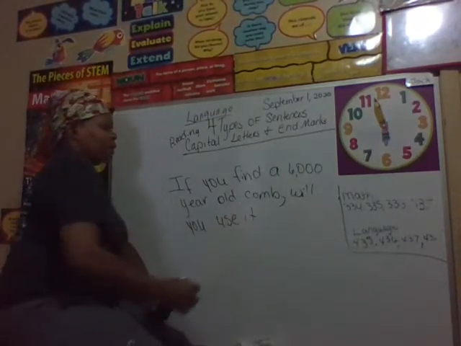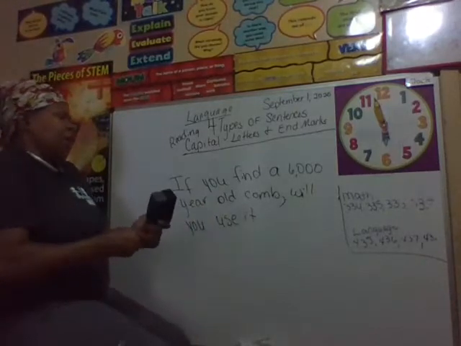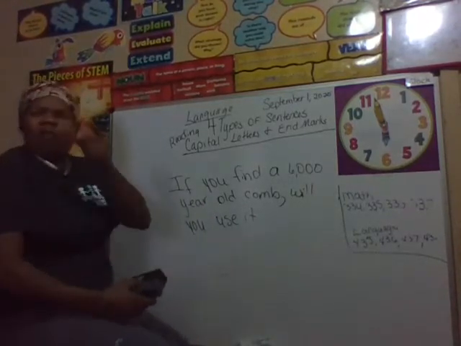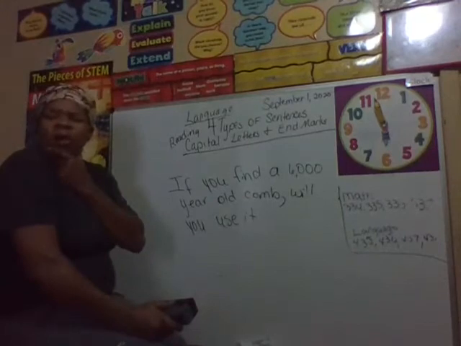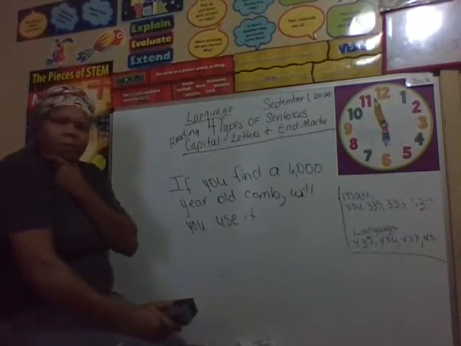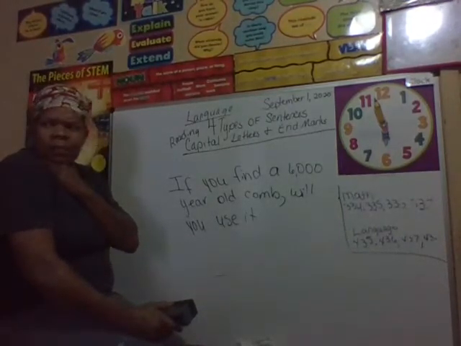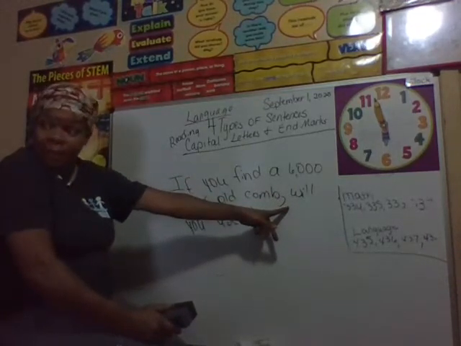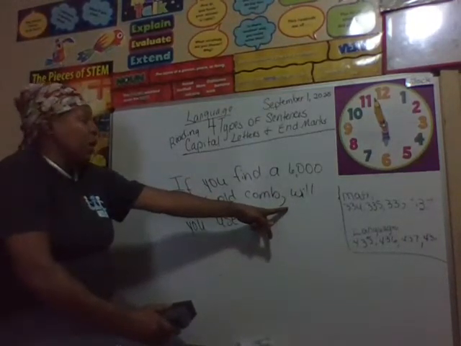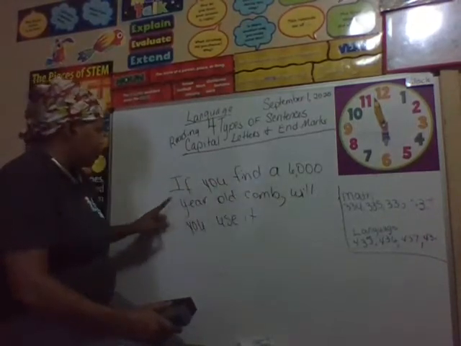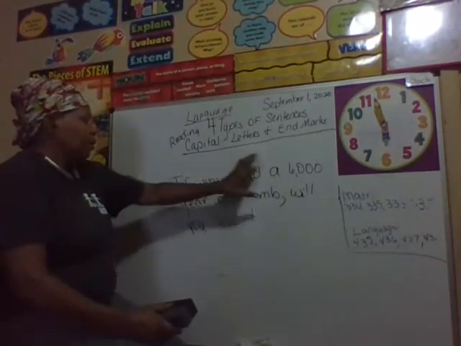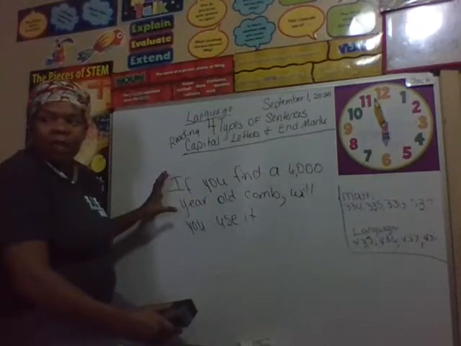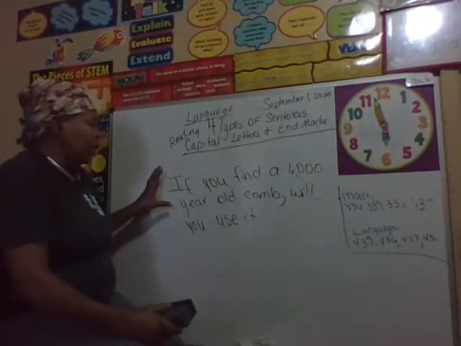That's a really old comb. Okay, here we go. If you find a 6,000-year-old comb, that comma means I'm going to pause because I know they're about to say something. But this part is what kind of sentence? Is it independent or dependent?